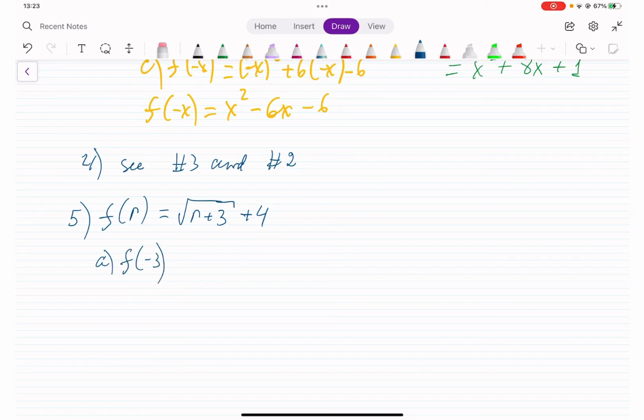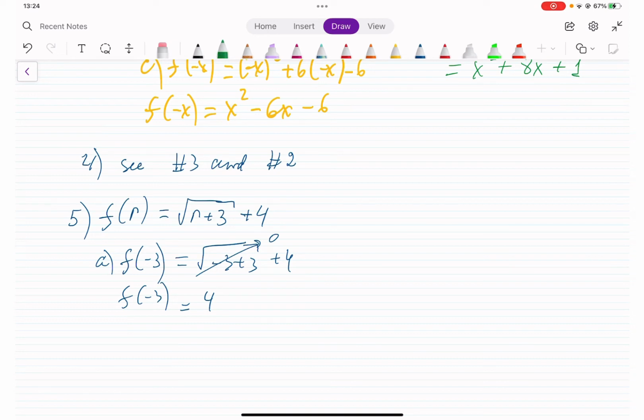Instead of r, we are plugging negative 3. That's going to be negative 3 plus 3. And here is plus 4. So this is 0. And f of negative 3 is equal to 4.